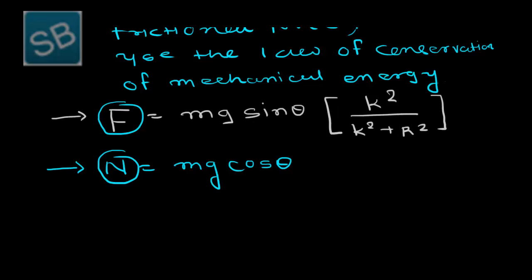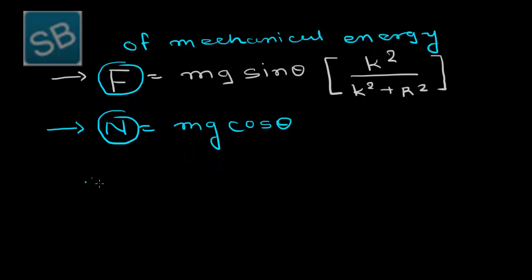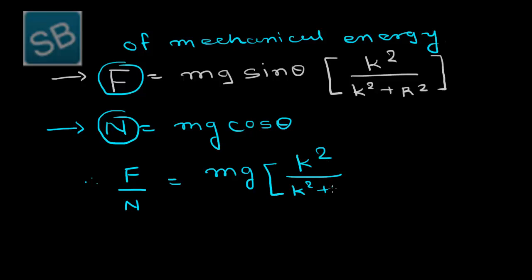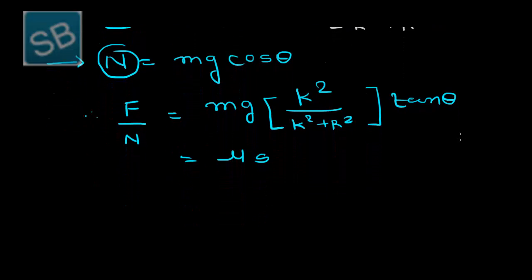And so, now I can deduce one relation between this frictional force and the normal reaction. So, I will get the value of F over N equals mg into k square over k square plus r square into sin theta divided by cos theta, that is tan theta, and this F by N is mu s, which is the coefficient of static frictional force.